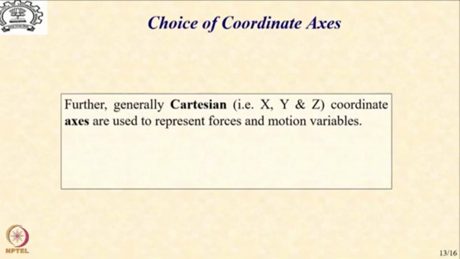Next, let us look at the choice of coordinate axis. In general, we find that the Cartesian coordinate system, that is x, y and z, are convenient and also used to represent forces and motion variables.